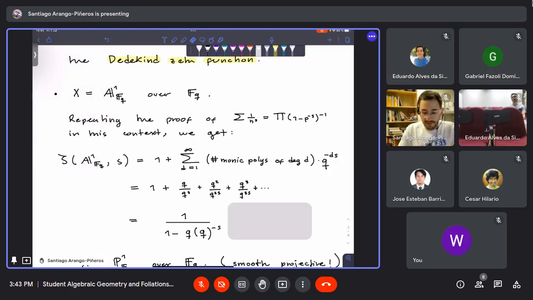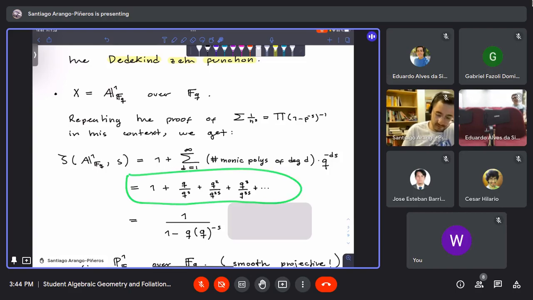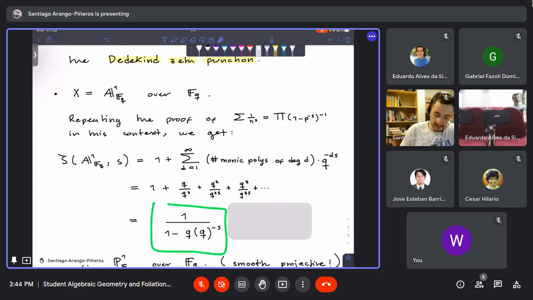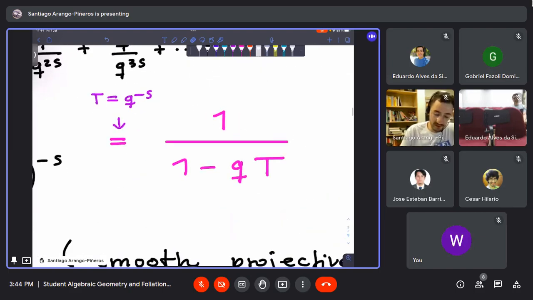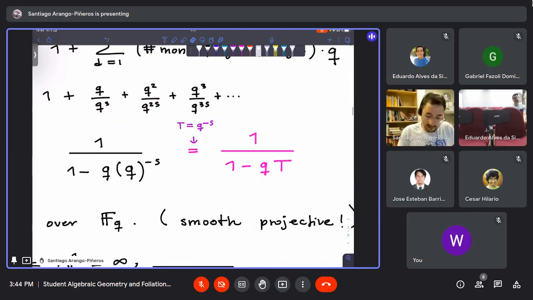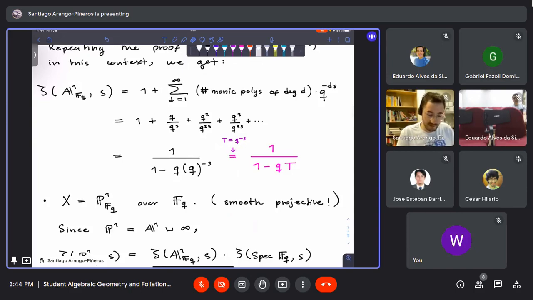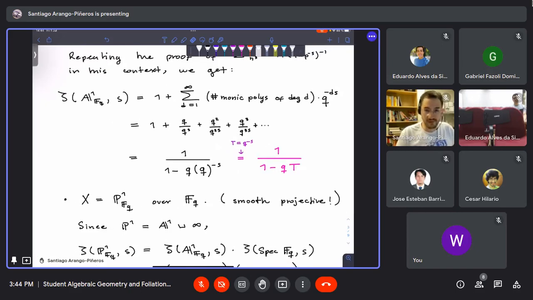Since I have d coefficients and q possibilities for each coefficient, this is an infinite series, which, using a geometric series, I can write like this. And once again, doing a substitution, t equals q to the minus s, I can rewrite this as a rational function. So great.